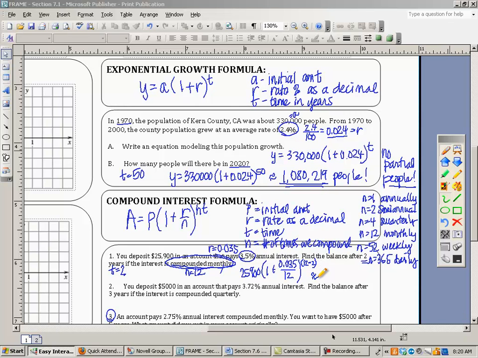That gets you $27,775.13. Please make sure you round to 2 decimal places. This is the idea. I want you to try 2. We'll do 3 in class as our starter, but I at least want you to get it started on number 2. So these are the 2 formulas we're going to be using.